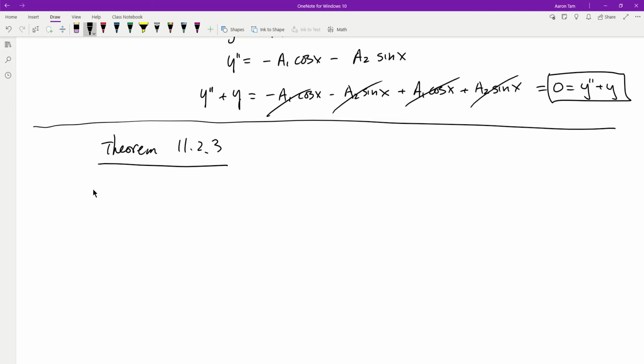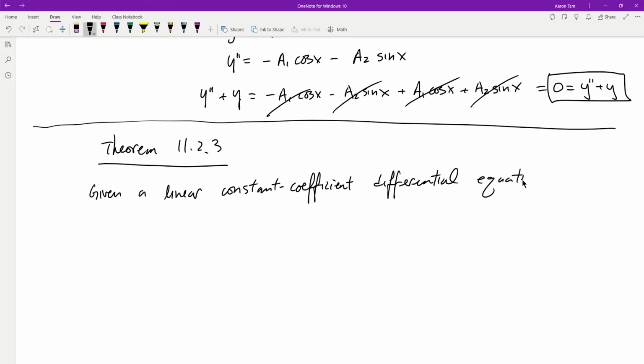So let's say we're given a linear constant coefficient differential equation in the form y double prime plus b y prime plus c y equal to 0.